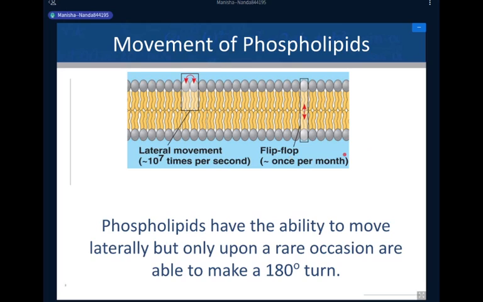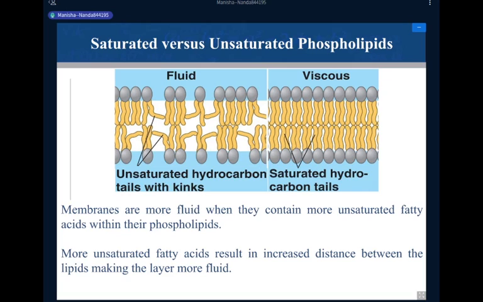Okay, fine. Let's move ahead. Then we will talk about the nature of phospholipids, that is, the saturated versus the unsaturated phospholipids. I hope you know the meaning of saturation and unsaturation in terms of bonds.